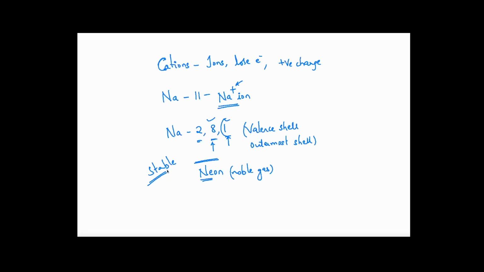So for this reason, sodium will want to give away this 1 electron, and if it gives it away, it can form Na+. The superscript plus indicates that the atom has lost 1 electron.